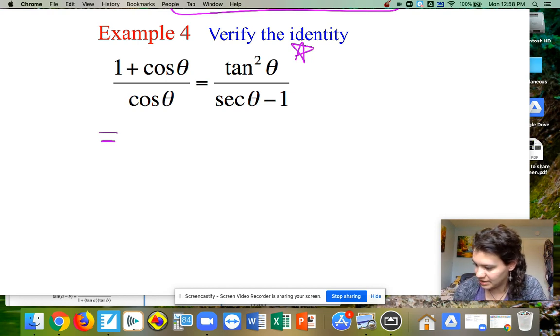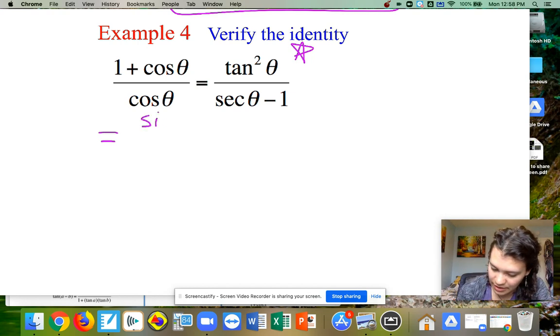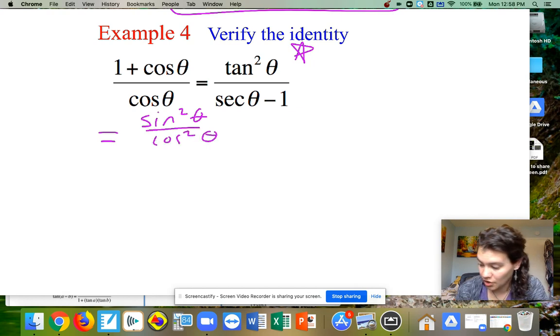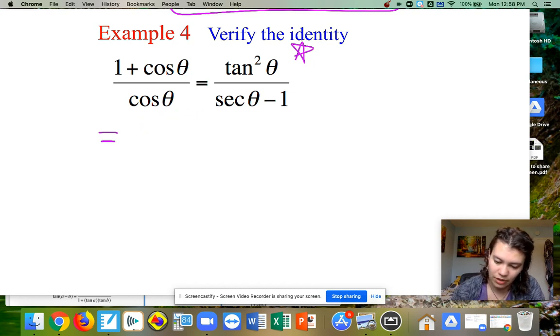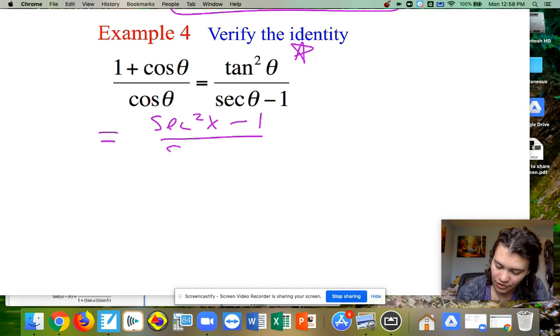I'm going to rewrite this as sine squared theta over cosine squared theta. You could also do other things, like you could rewrite this as secant squared minus 1. That would also work. I actually might do that option. So I'm going to rewrite this as secant squared of theta minus 1 all over secant of theta minus 1.